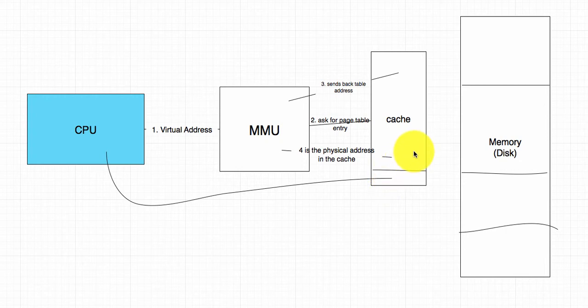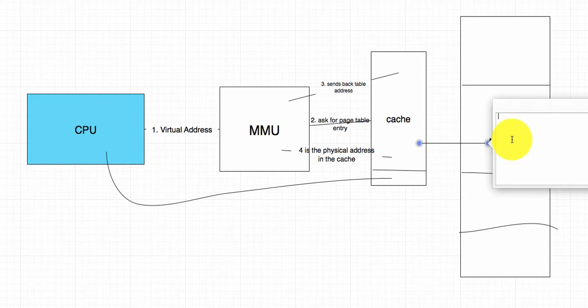But if what I want is not in my cache, I need to go to the memory and get it from memory.